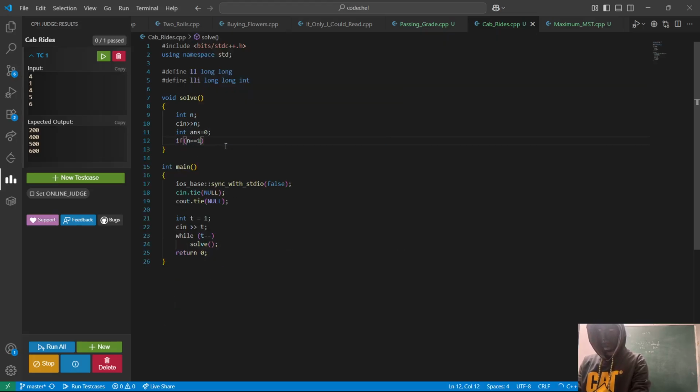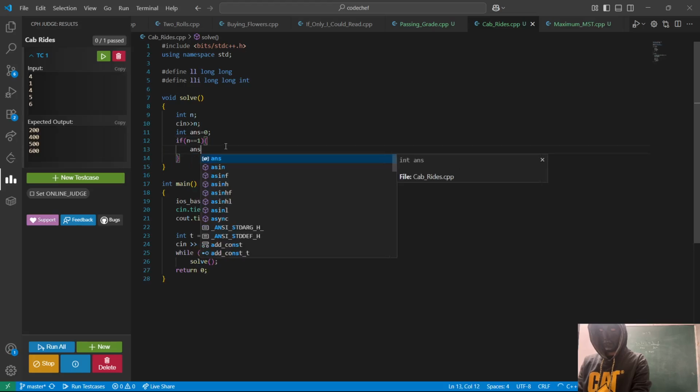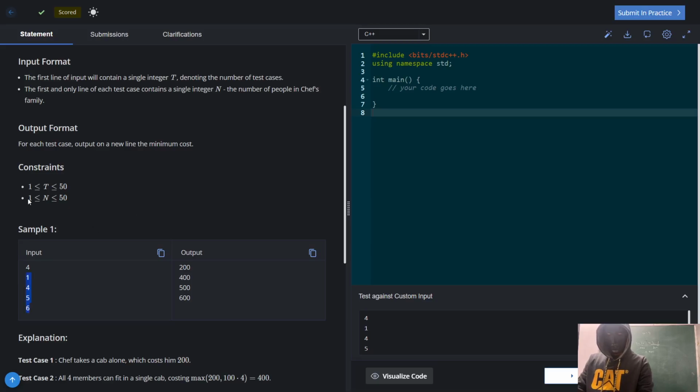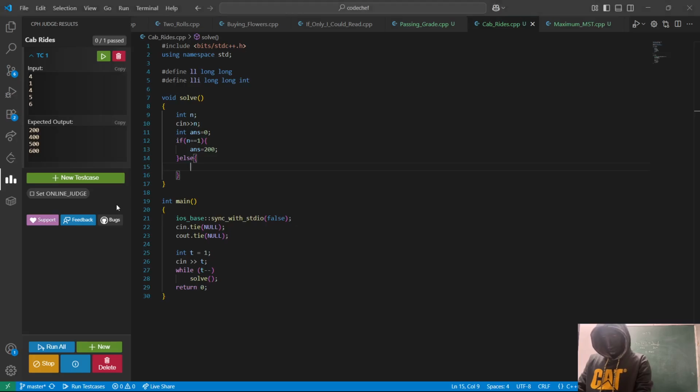If it happens that n is 1, which means we have only 1 person, as we saw on the board, in this case our answer is 200. But now the question comes, if n is not 1, then n will definitely be greater than 1, because they have said n is greater than or equal to 1.